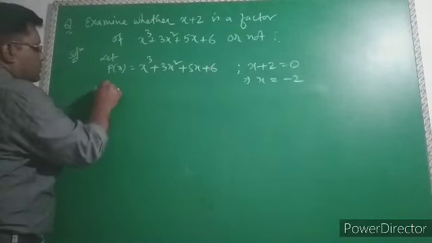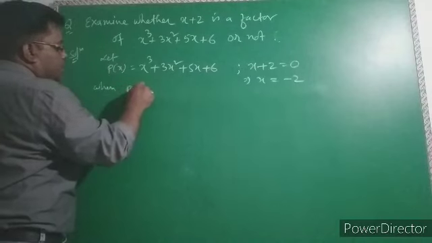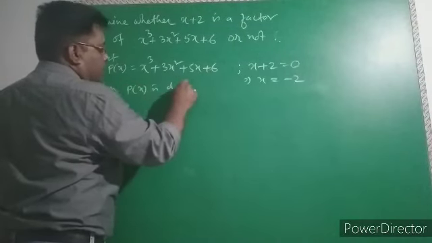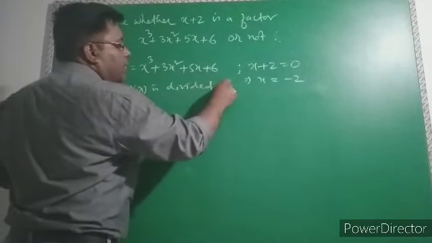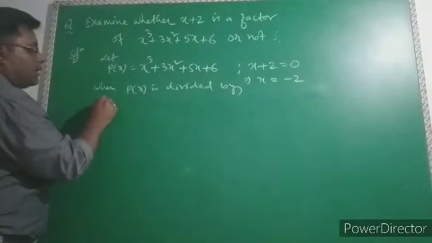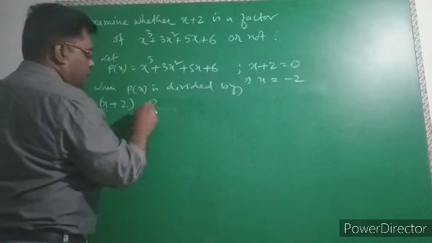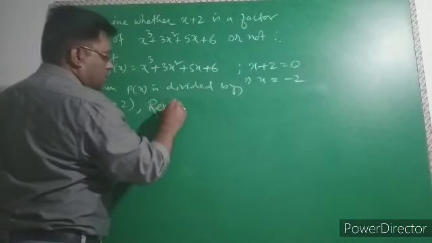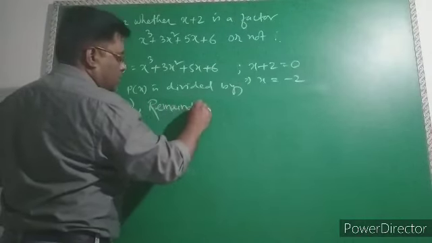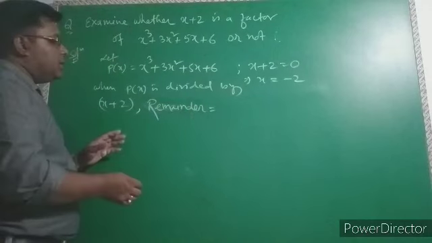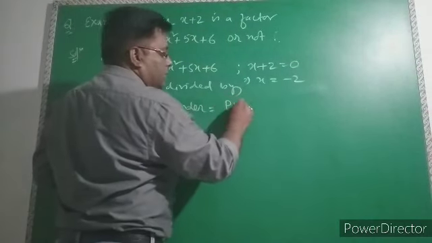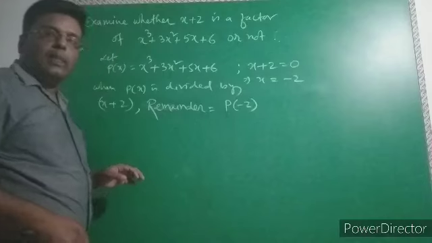So when p(x) is divided by x plus 2, the remainder is equal to p of minus 2.